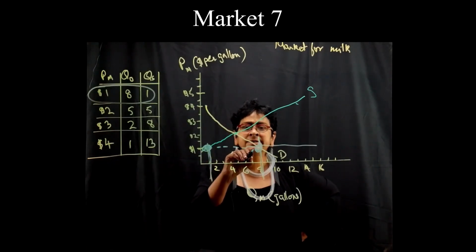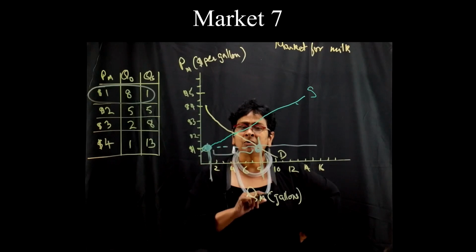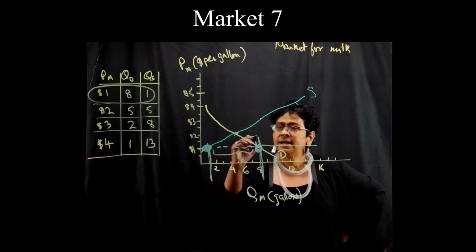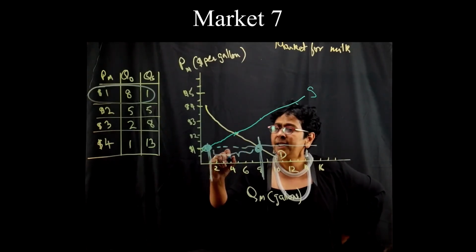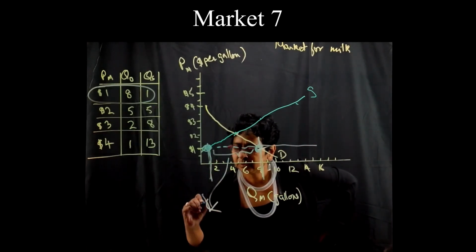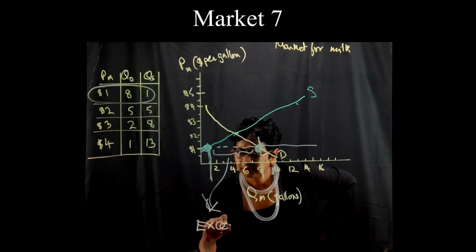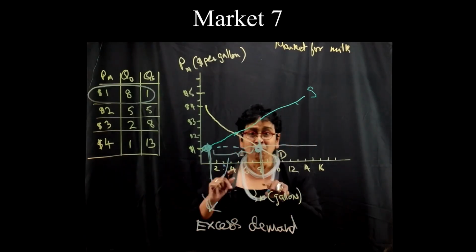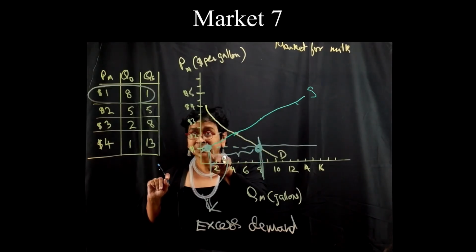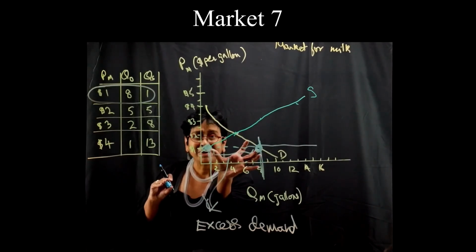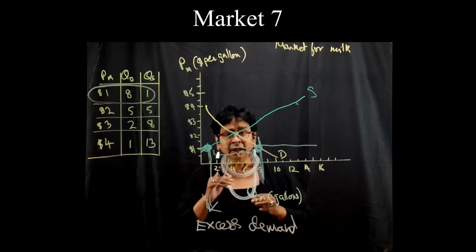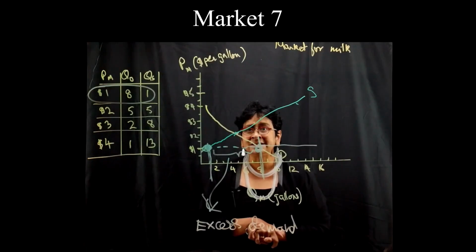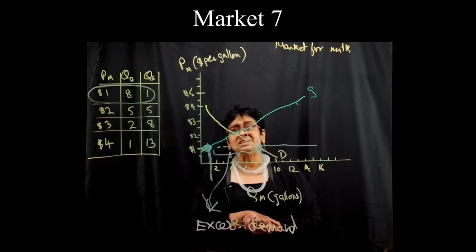So what you've got is a situation of what we call excess demand. That is, there is more demand than there is supply. There's an excess demand of 7. Now, what you want to realize is that when there is an excess demand, it means that somebody was unable to meet their decisions.